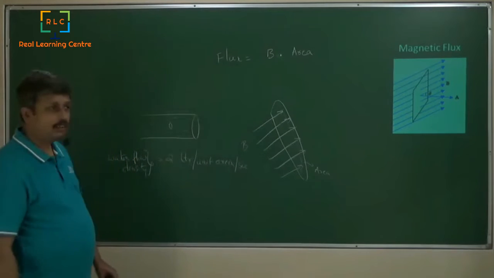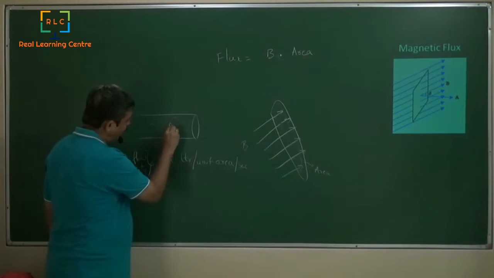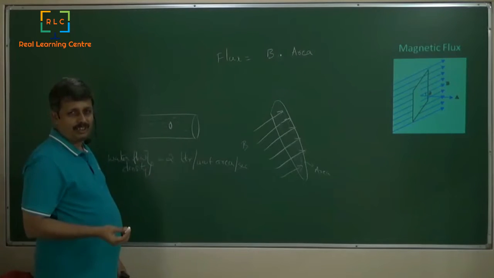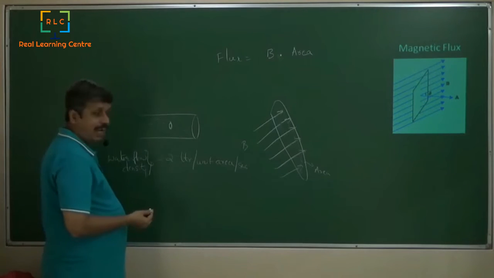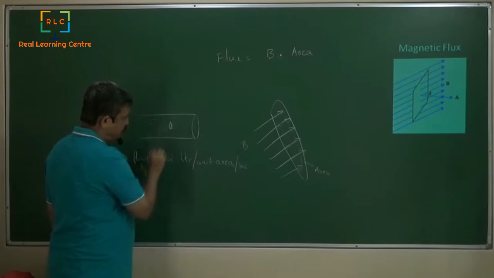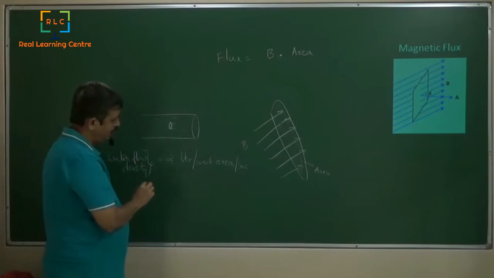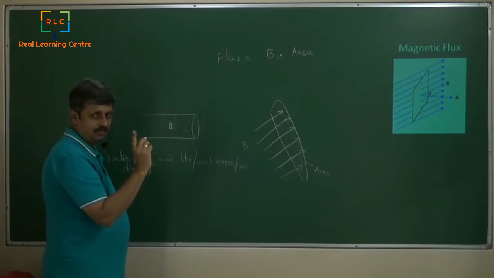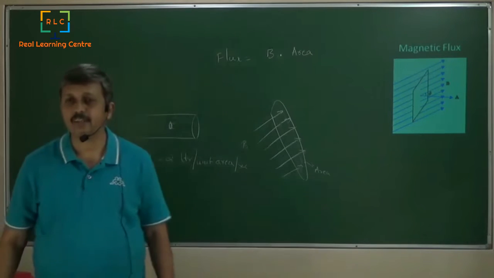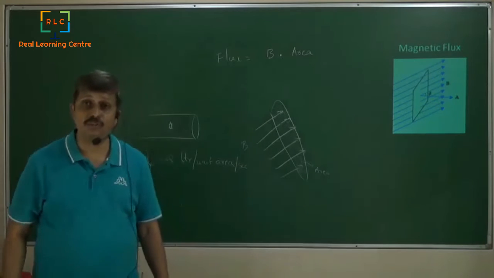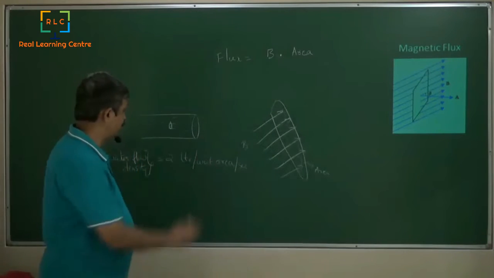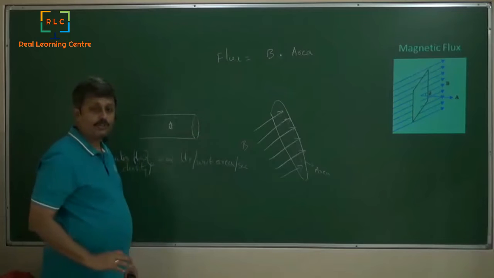What does it mean? If I take a unit area here, meaning 1 square centimeter or whatever unit area, and you calculate how much water is passing through that area in 1 second, it will measure 2 liters. Now when this is given to you, if you want to calculate the total water flux through this, what would you do?